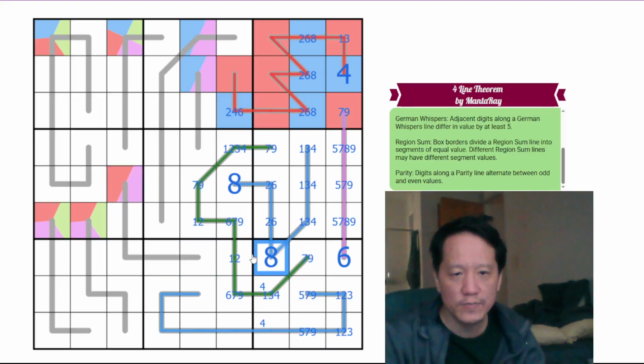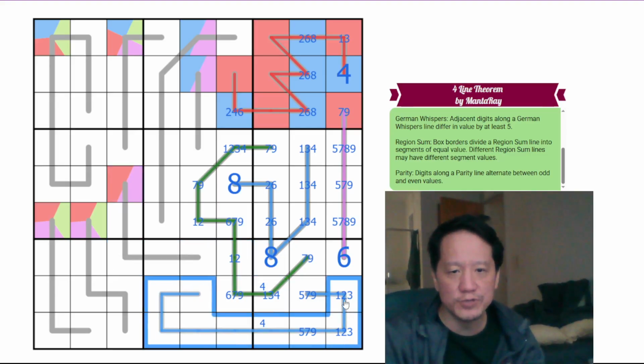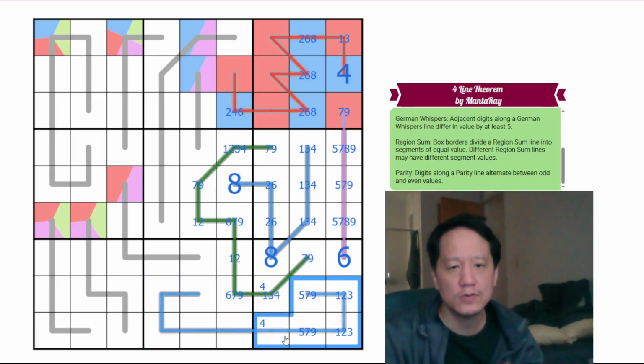Okay. So this is a region sum line here. We are guaranteed.